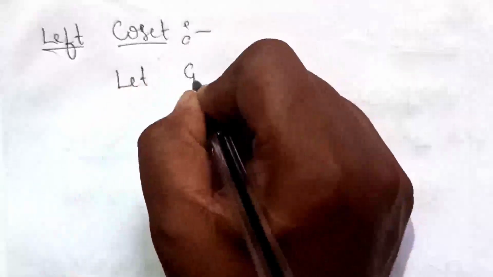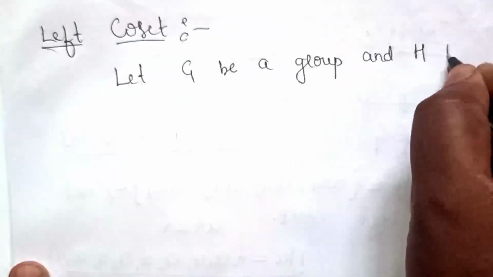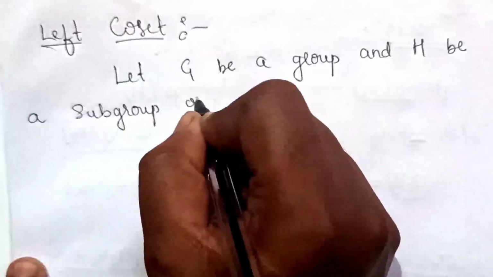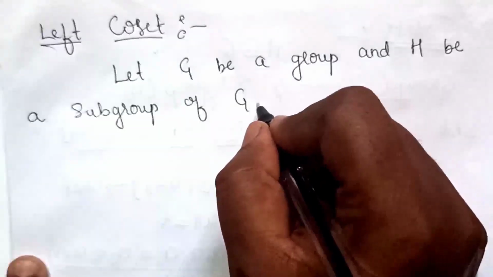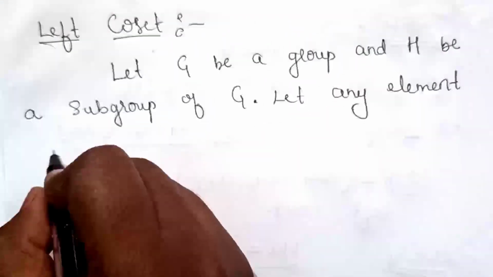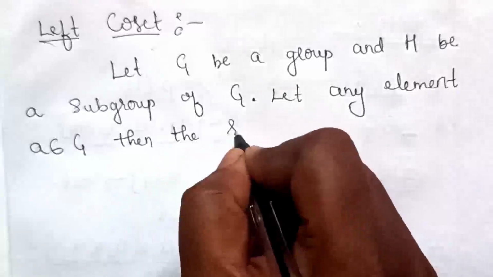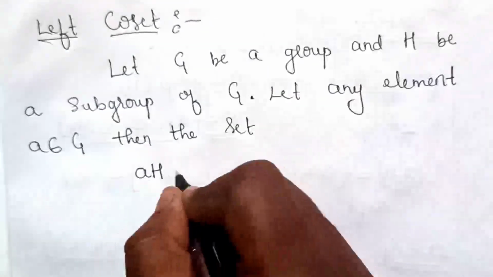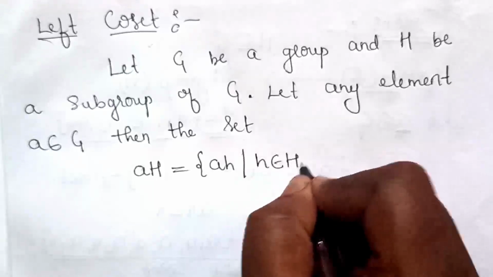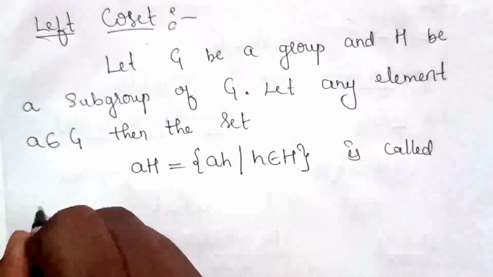Let G be a group and H be a subgroup of G. Let any element A belong to G, then the set AH equals {ah such that h belongs to H} is called the left coset.